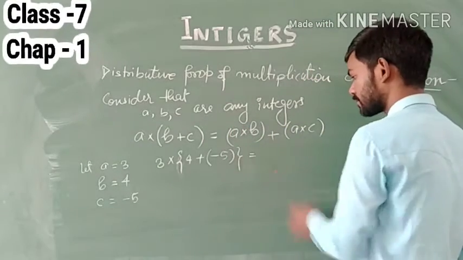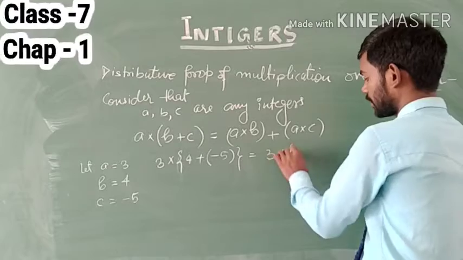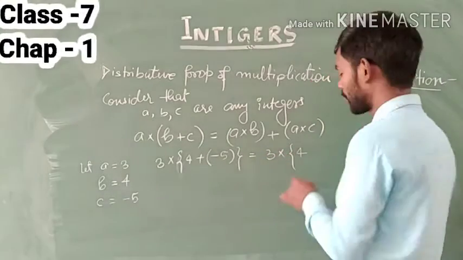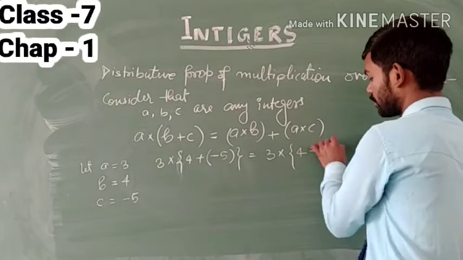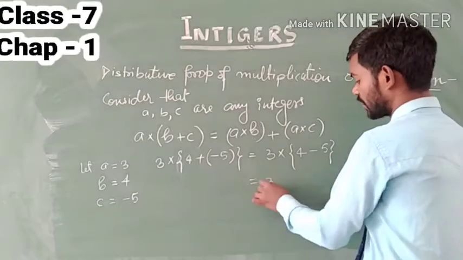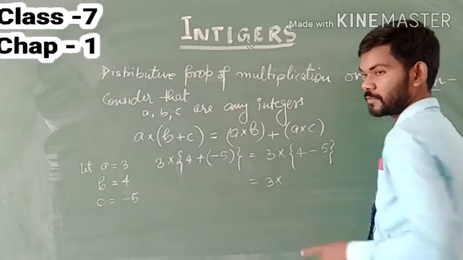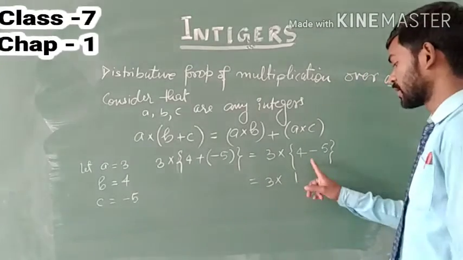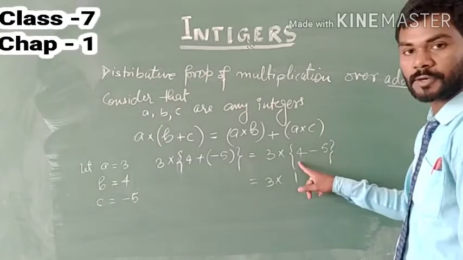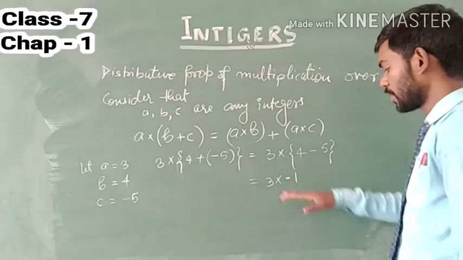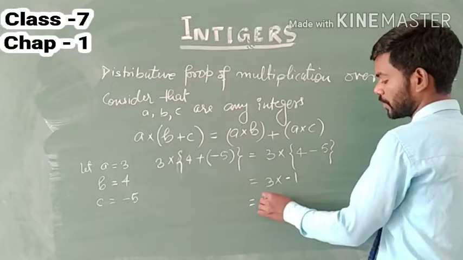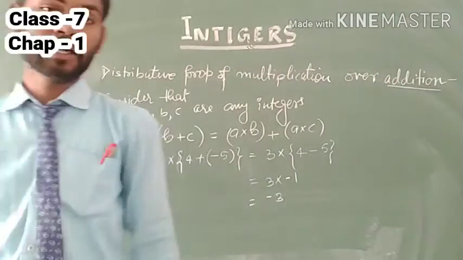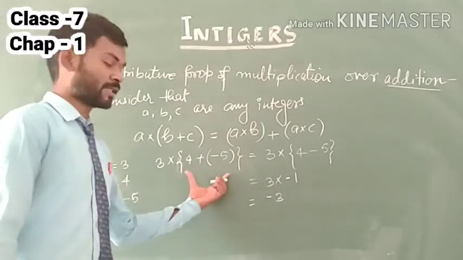So here we get 3 multiplied by (4 minus 5). 4 minus 5 gives 1, but the sign of the greater number, since 5 is greater than 4, will be minus, so minus 1, and when we multiply we get minus 3 as the result. Therefore minus 3 is the value of this arrangement.